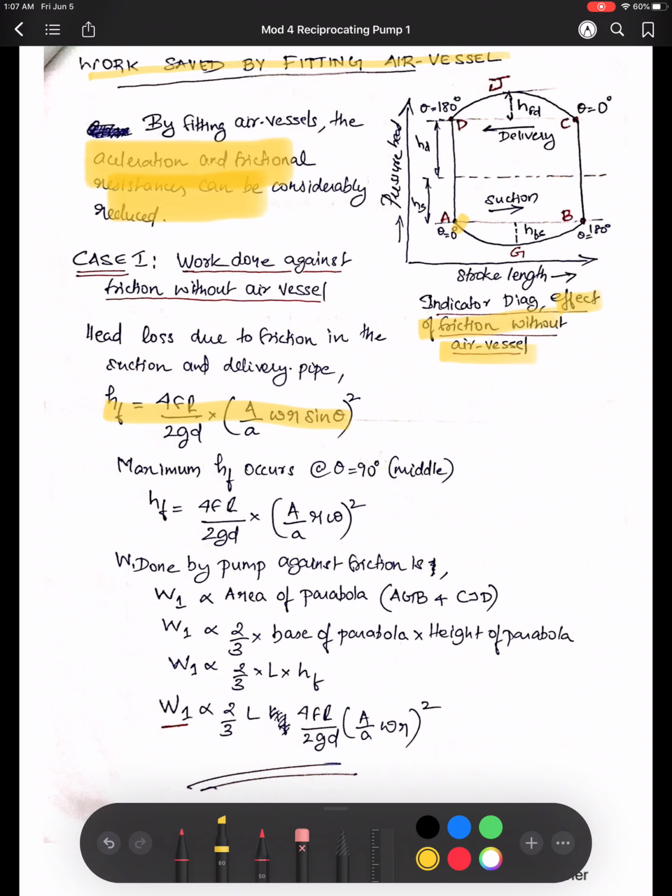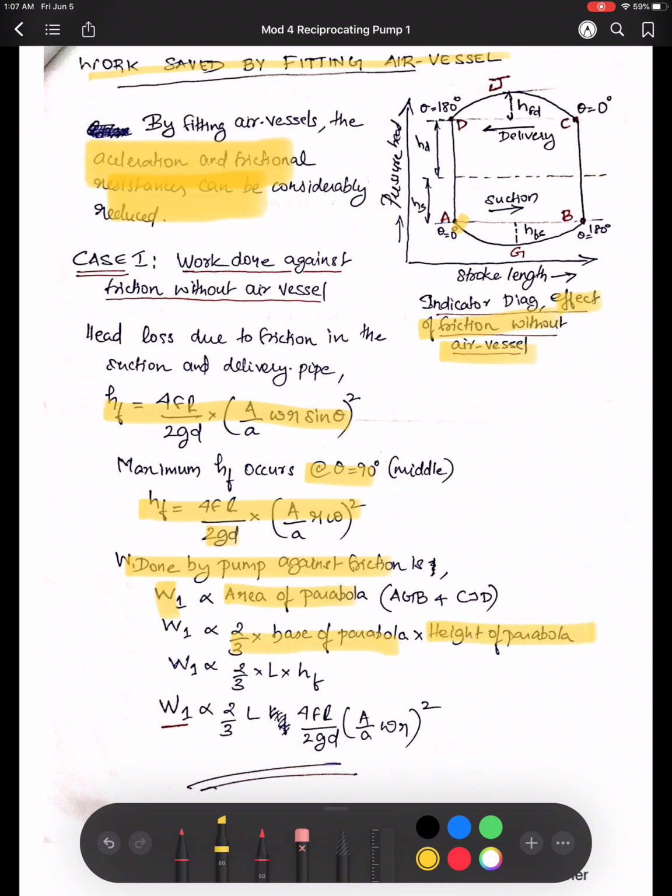So maximum HF will occur at theta equal to 90 degrees. So HF is equal to 4FL by 2GD into A by small a into R omega the whole square. Now work done by the pump against friction is W1, and it will be proportional to the area of the parabola, that is 2 by 3 into base of the parabola into height of the parabola.